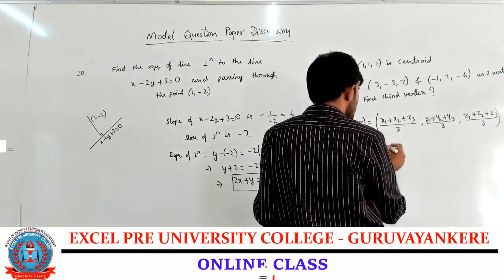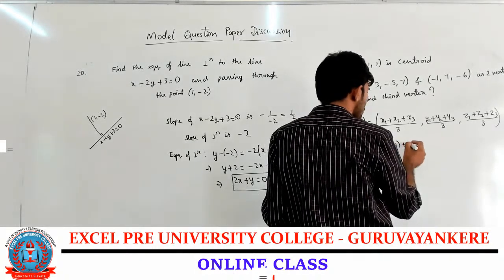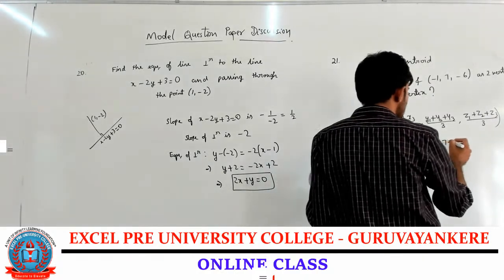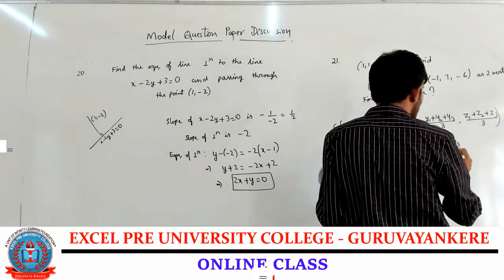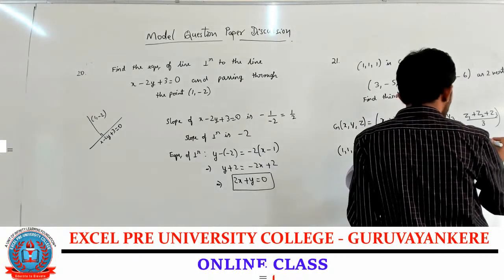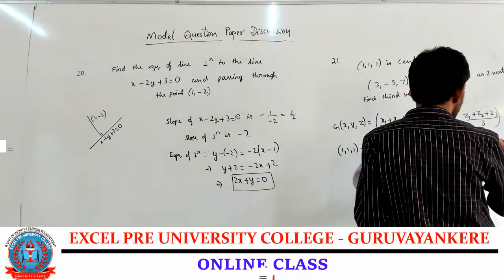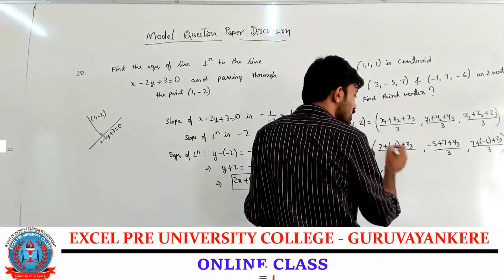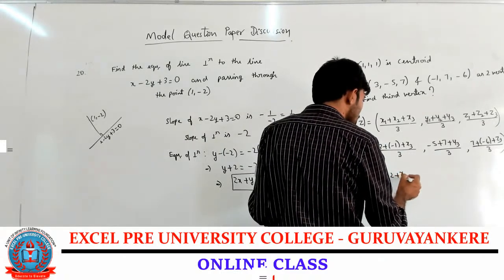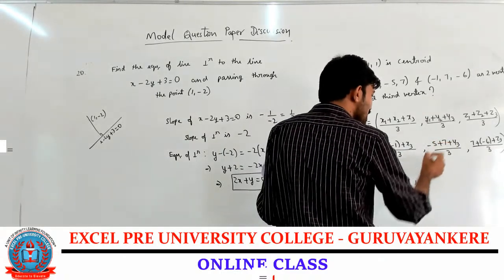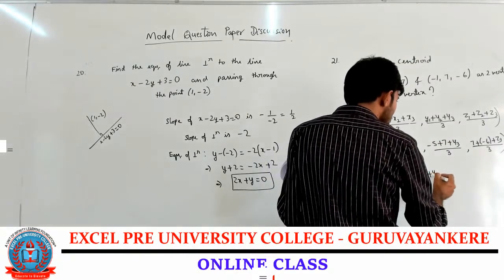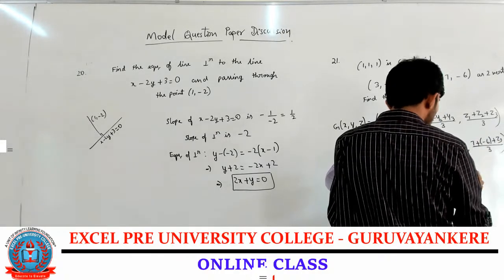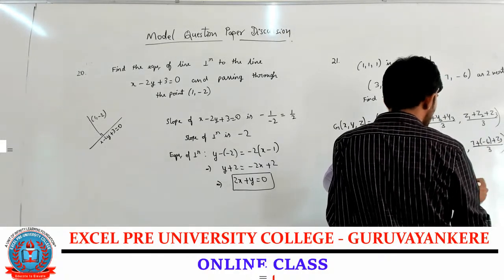So what you get is (3 plus -1 plus x3) divided by 3, (-5 plus 7 plus y3) divided by 3, (7 plus -6 plus z3) divided by 3. That is (2 plus x3) divided by 3, (2 plus y3) divided by 3, (1 plus z3) divided by 3.